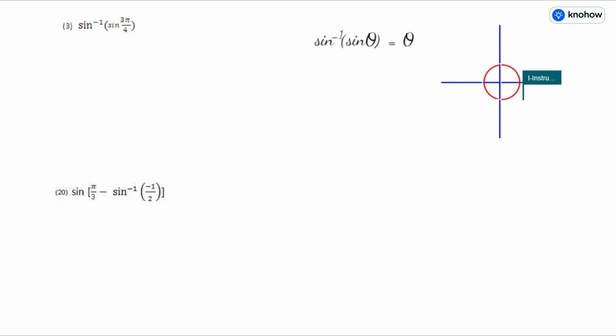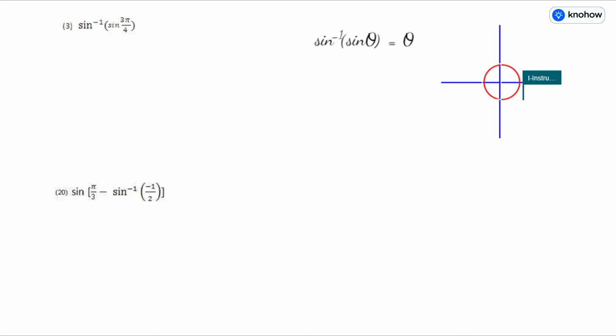What is sine inverse of negative x? It is negative sine inverse x. So we can write negative sine inverse half. And sine inverse half means what is that angle whose sine is half? It is 30 degrees or pi by 6. So it is negative pi by 6.